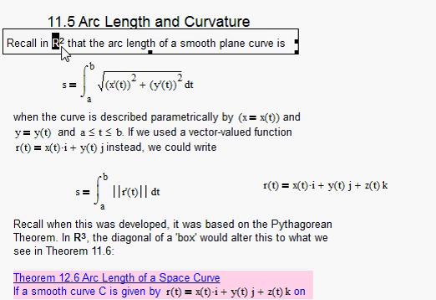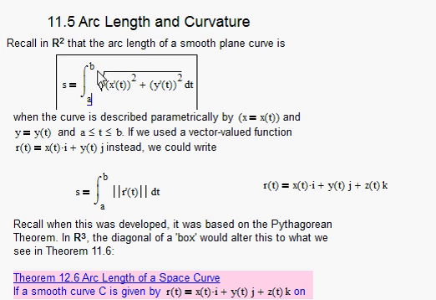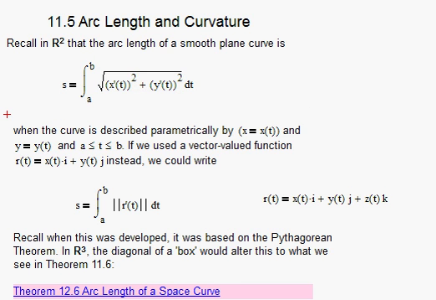Recall in the xy plane, R squared, that the arc length of a smooth plane curve, if it's given parametrically, is the integral of the square root of x prime of t squared plus y prime of t squared dt, t going from A to B. That's from Chapter 2, when the curve is described parametrically, and A is less than or equal to t, less than or equal to B.